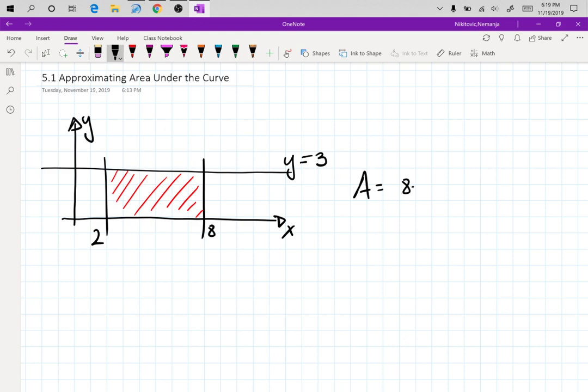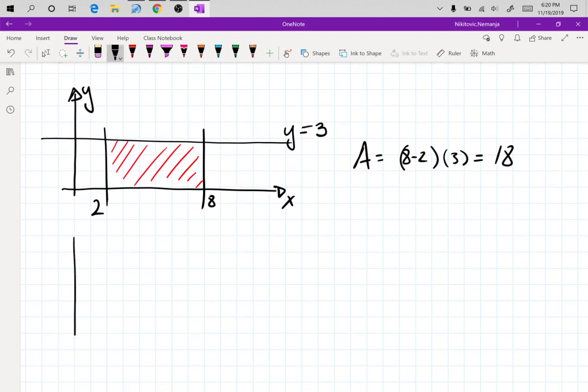So you have 8 minus 2 times 3 for 18. Area is 18. Can you use calculus for this? Yeah, but we cannot just use the formula.